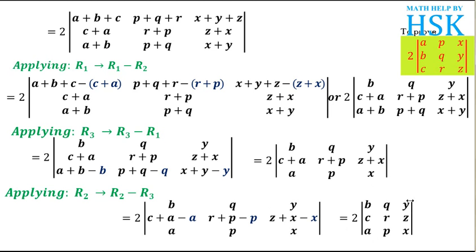Now you can see that we obtained the rows bqy, crz and apx which are to be proven, but the order is different. In the proof apx is the first row and here it is the third row. So we have to just interchange the order of the rows to prove the question.